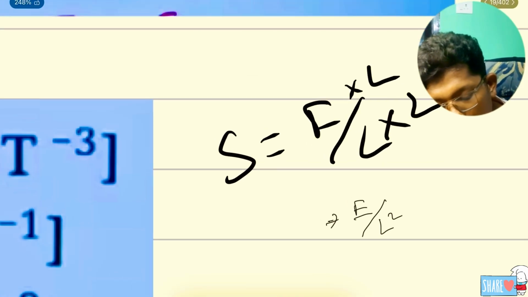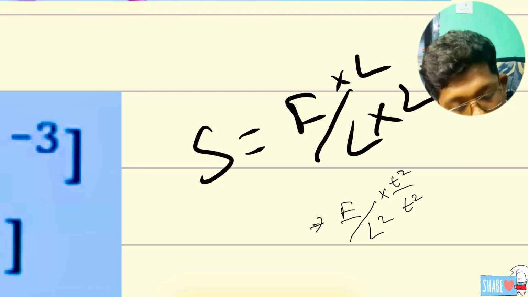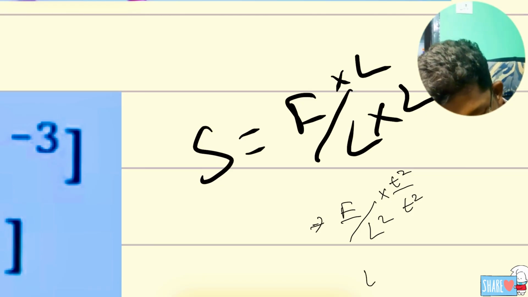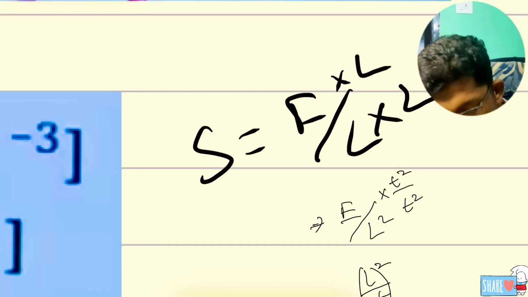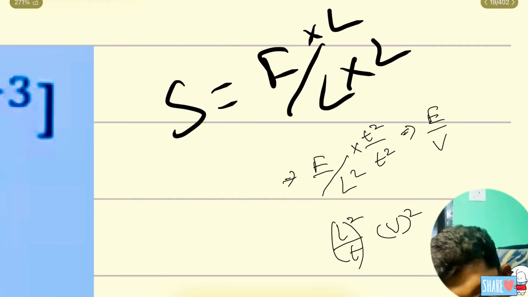So I divide by t square. L square by t square is velocity square, so you can write it as energy equals velocity square by t square.